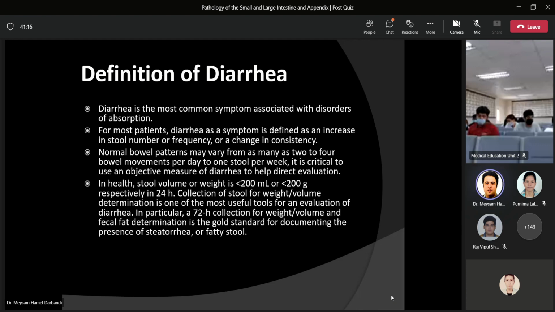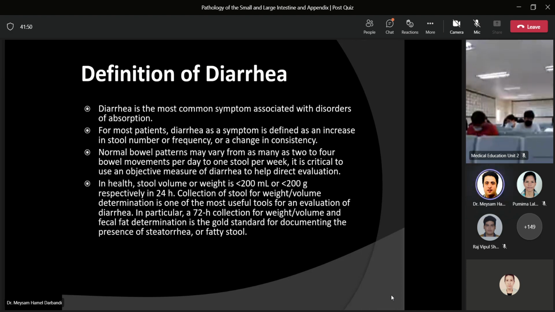Normal bowel pattern may vary from as many as 2 to 4 bowel movements per day to 1 stool per week. It is critical to use an objective measure of diarrhea to help direct evaluation, because most of us really don't know what diarrhea is, right? Normal stool volume or weight is less than 200 milliliters or 200 grams respectively in 24 hours.